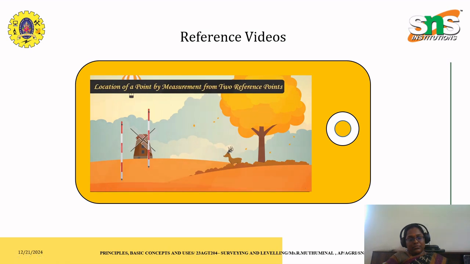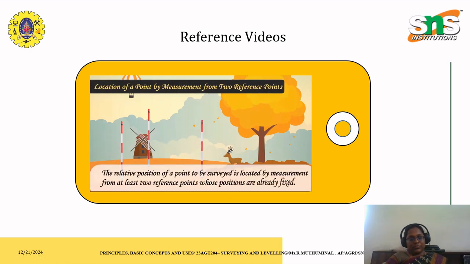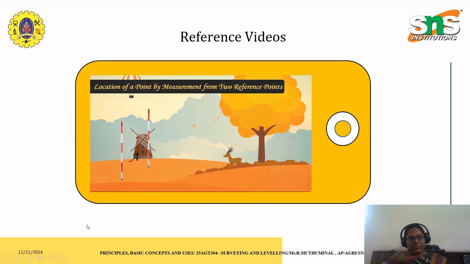The relative position of a point to be surveyed is located by measurement from at least two reference points whose positions are already fixed. Let A and B be the reference points on the ground.